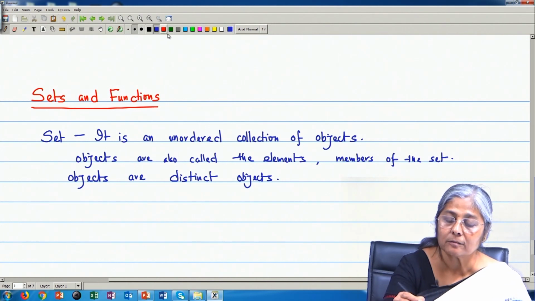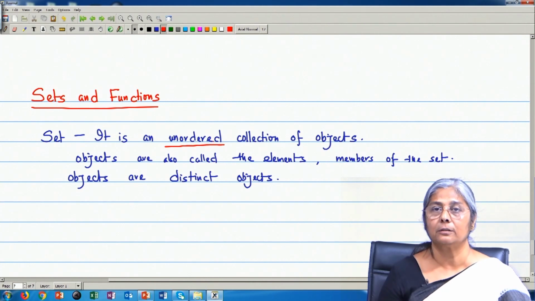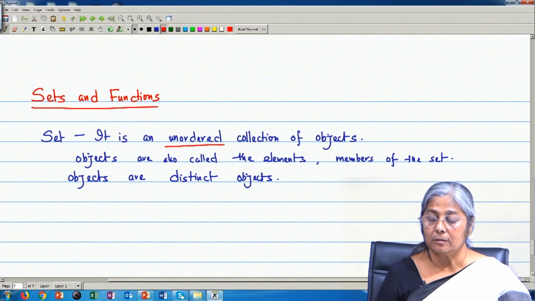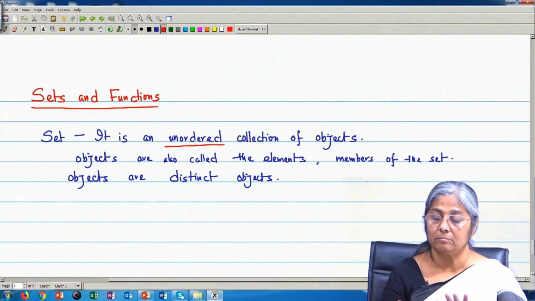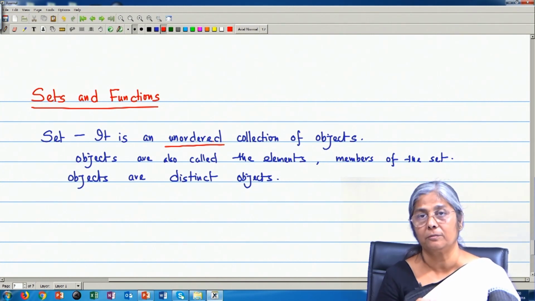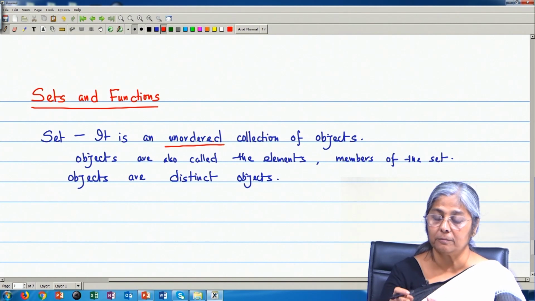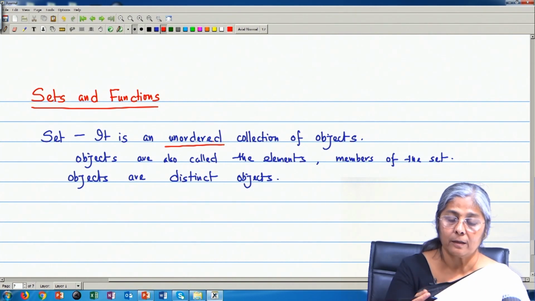And as already mentioned in the definition, unordered means that in which order the elements come, we do not concern in the definition of set. So, that is why in the definition itself we mentioned that it is an unordered collection of objects.